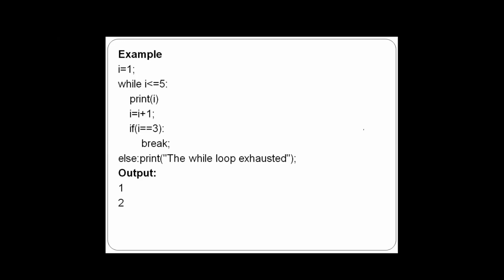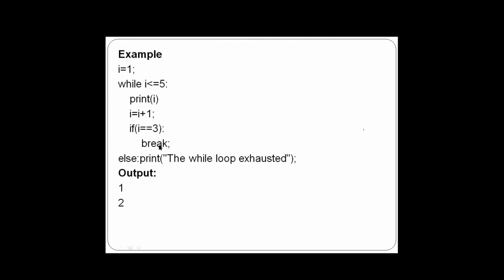Only after completing its iterations for 5 times, your condition becomes false. In a for loop, only after it completes all its iterations, the condition becomes false, right? So your else part would be naturally executed.